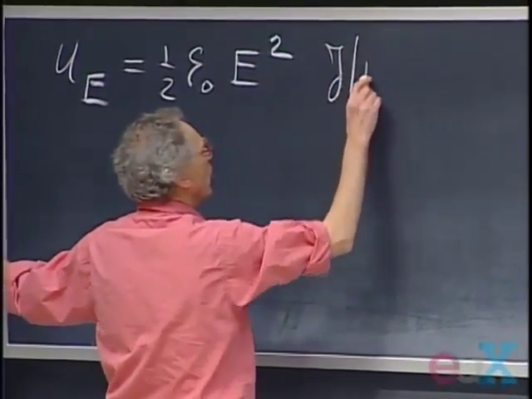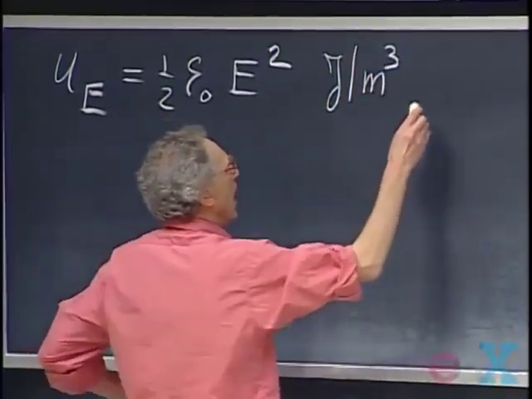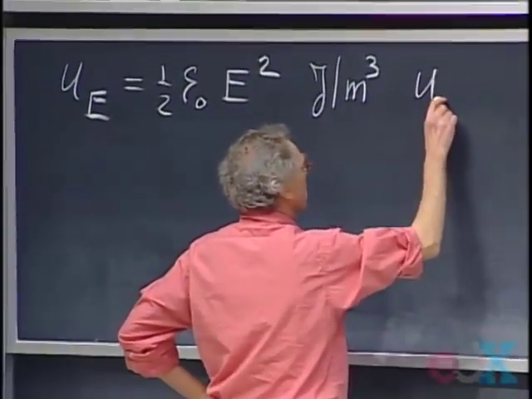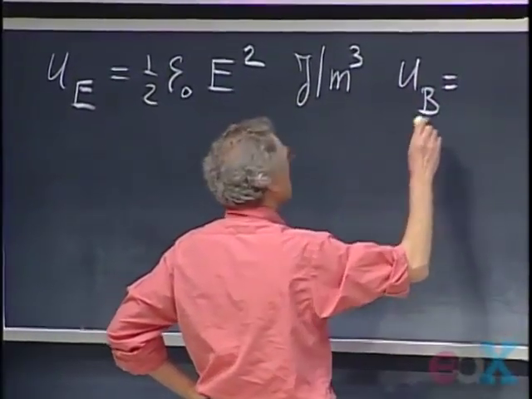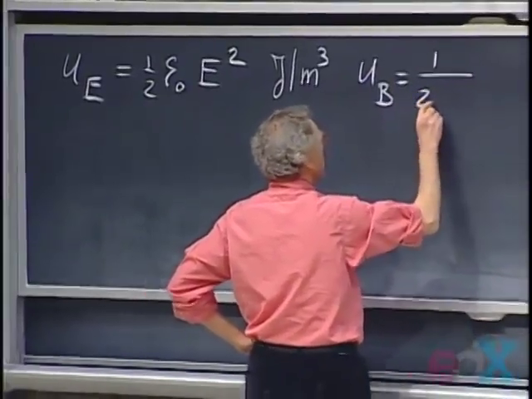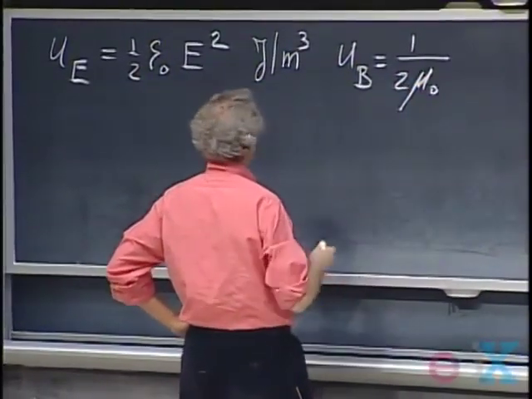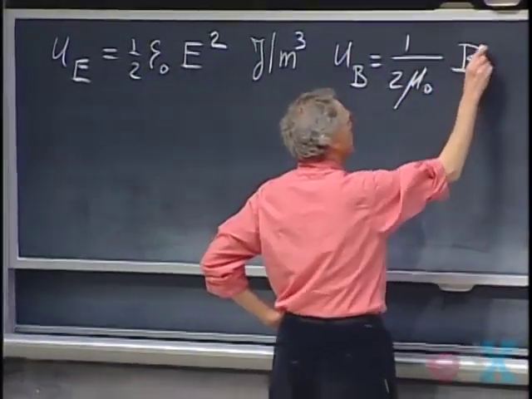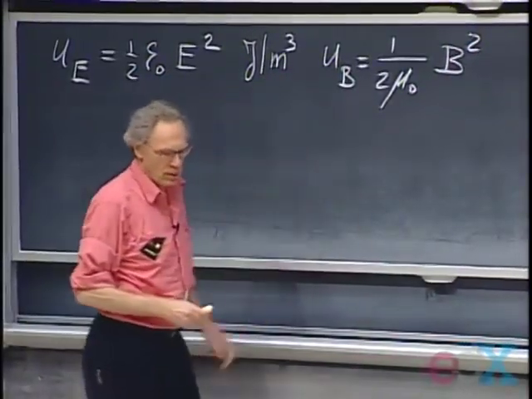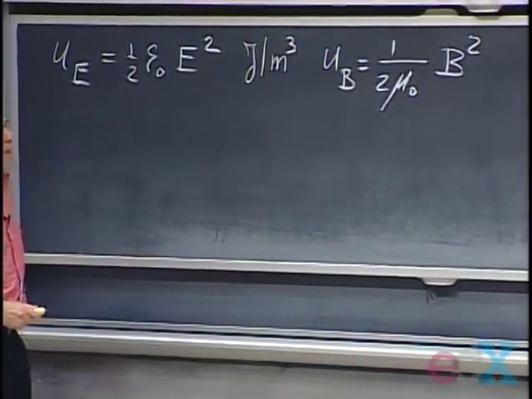This is now in joules per cubic meter. And the magnetic field energy density, which also has come up earlier in the course, is 1/2 mu 0 times B squared. Again, joules per cubic meter.